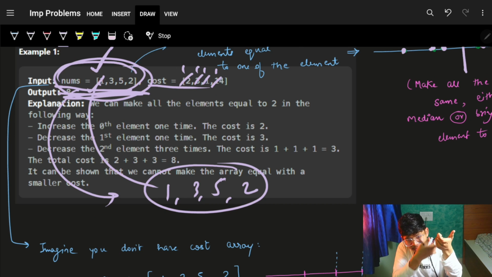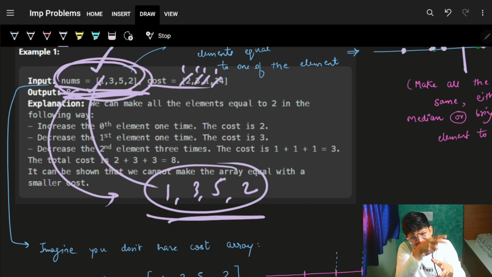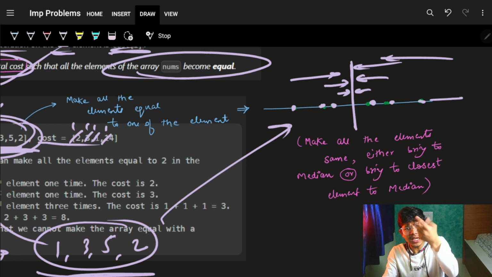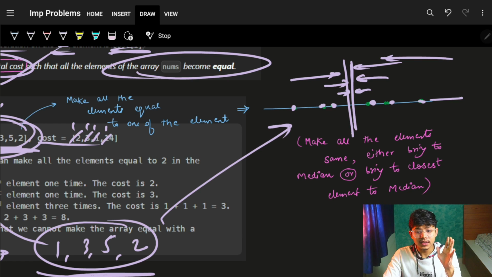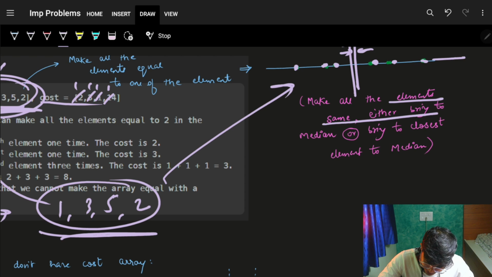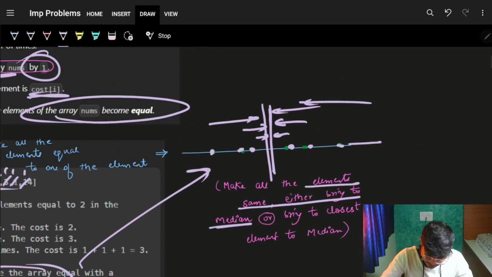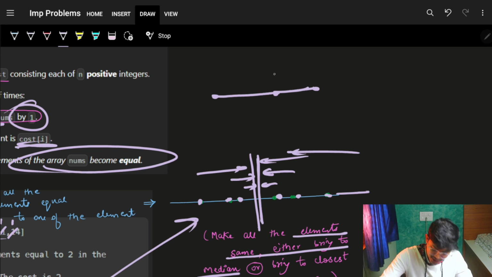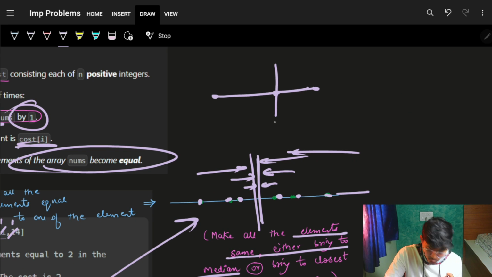Okay, nums: it is just numbers, I can simply plot them on the number line. I can just bring all the numbers to the middle number. And for sure, when I say middle number, it can be the median itself. In this case I had three friends, so I brought all of them to friend 2's place.